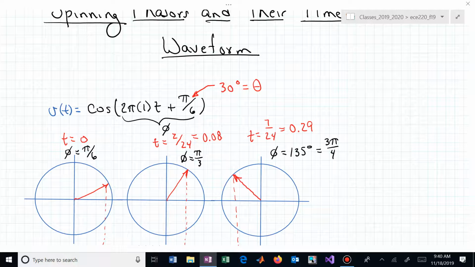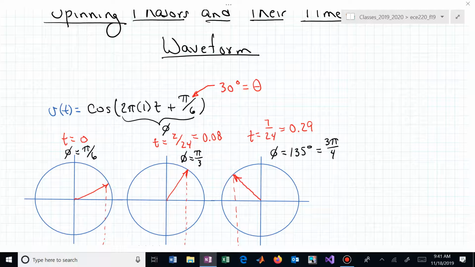How many cycles do you see each second of that cosine? 1. If you reported that frequency in radians per second, it would be 2 pi f. F is 1. It's now 2 pi. It has a phase shift of, in this case, 30 degrees, pi over 6.